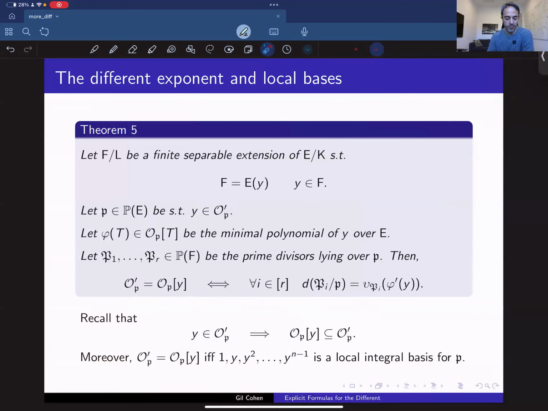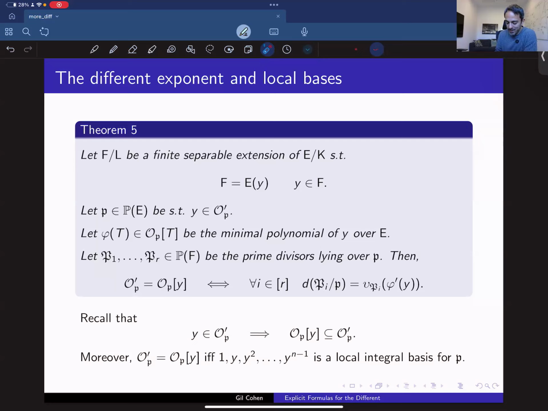It's actually quite short given what we did. So again, same setting: F over L is a finite separable function field extension of E over K, and F is generated by y over E, and again, y is integral over OP, phi is the minimal polynomial of y over E, and let's say, as before, that the capital Pi's are the prime divisors of F lying above little p.